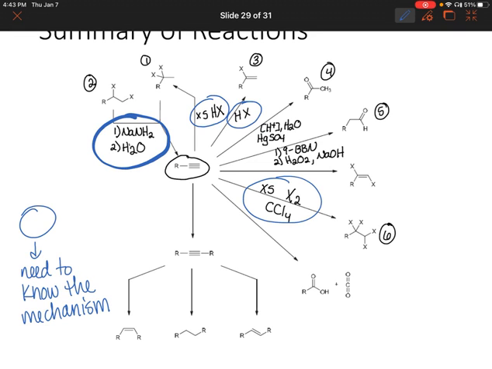Now, the other thing, though, that you should know is, for instance, when we're making ketones and aldehydes, remember that it first goes through an enol, and then you go through tautomerization to get to the ketone or aldehyde. So just make sure that you know how to draw the tautomerization. Let's see if I can spell this.